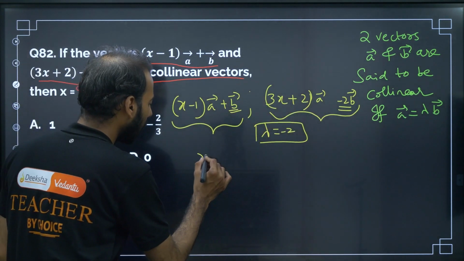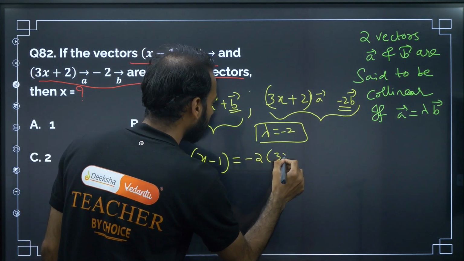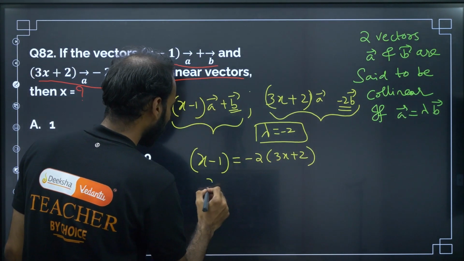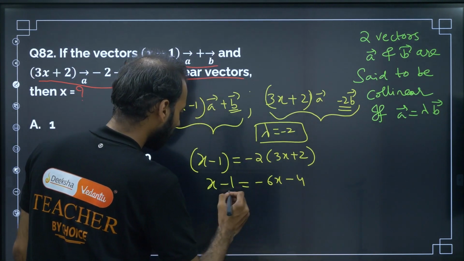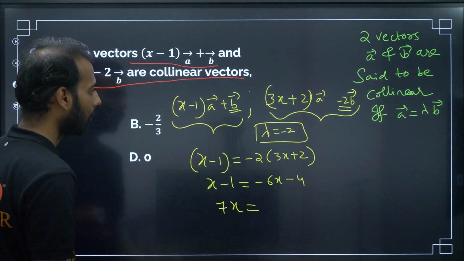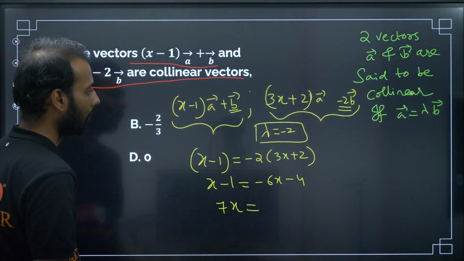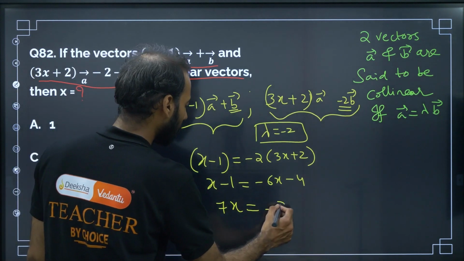Now what I am going to write: x minus 1 is equal to minus 2 times 3x plus 2. So x minus 1 is minus 6x minus 4. So 7x is equal to minus 3.